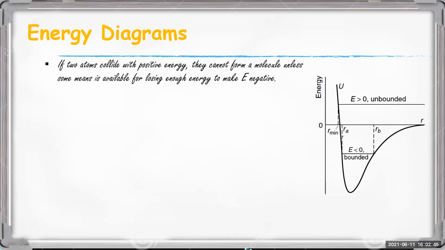They have to lose some energy to make their total energy negative, so some means is needed for losing enough energy to make E negative.